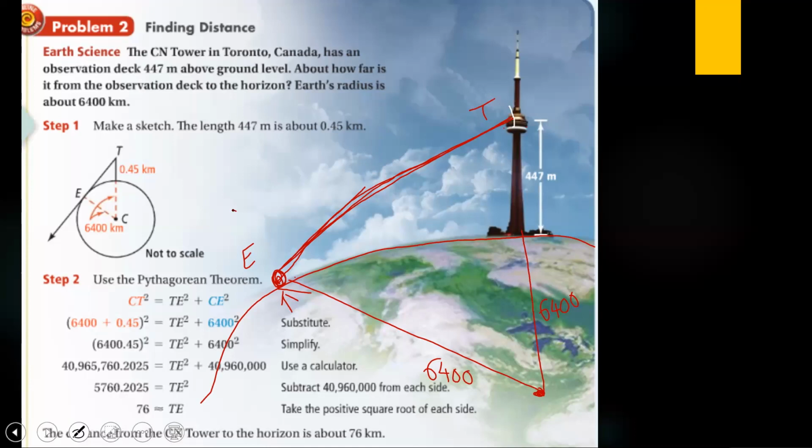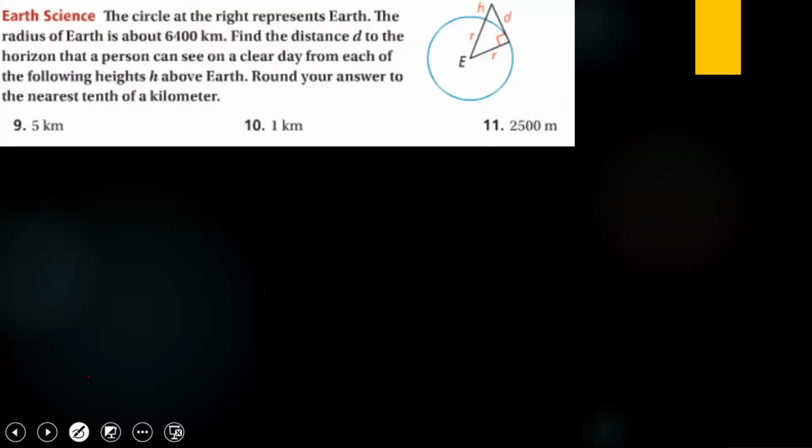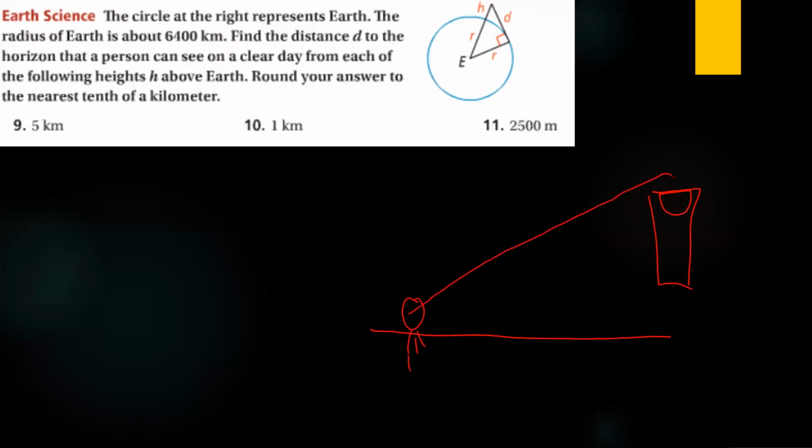Now, how did we solve it? When you are in grade 8, for example, you have questions like this: you are on King Abdullah Street and you have Kingdom Tower, and you want to find the distance from you to this tower.